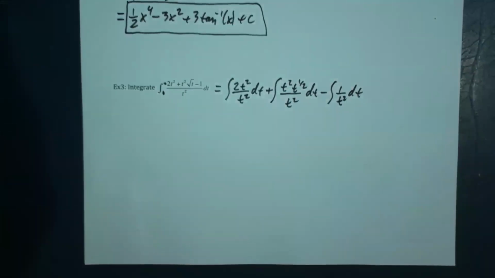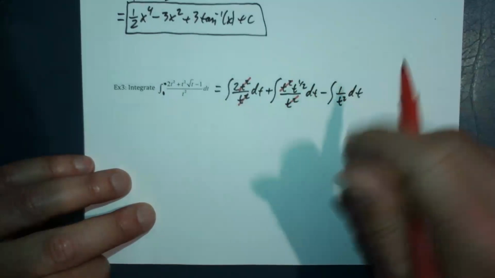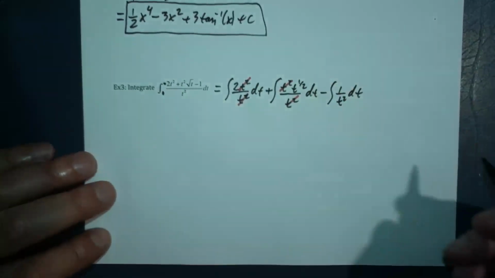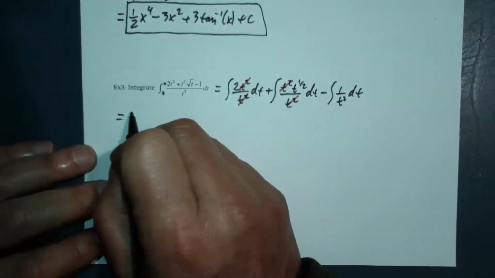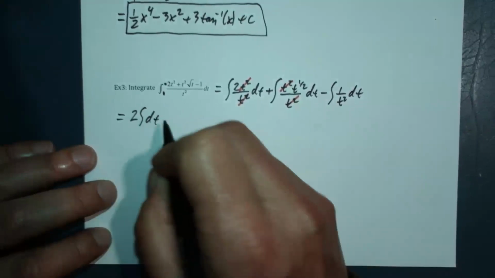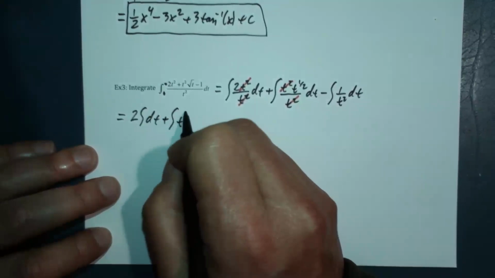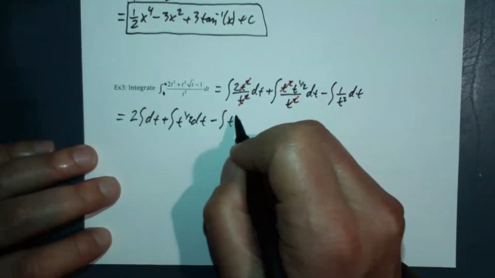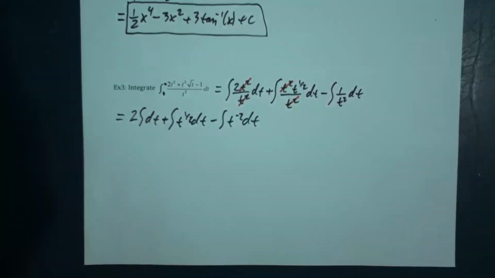I'm going to note that I can reduce out here t squared and also t squared there. And I'm going to use power rule on all 3 of these. So now I have them in this form here.